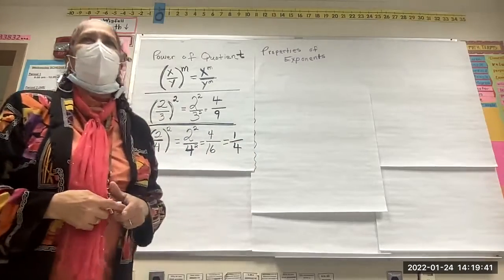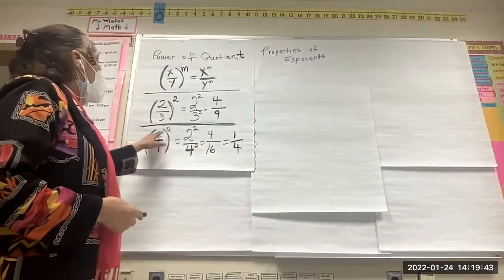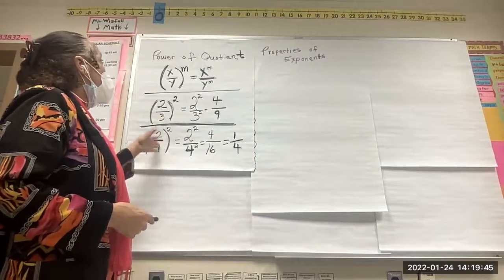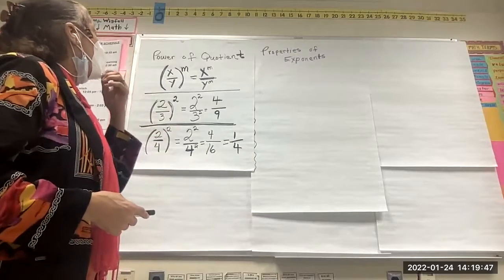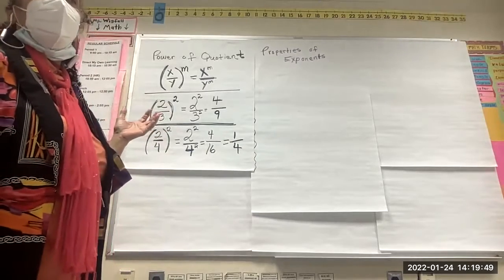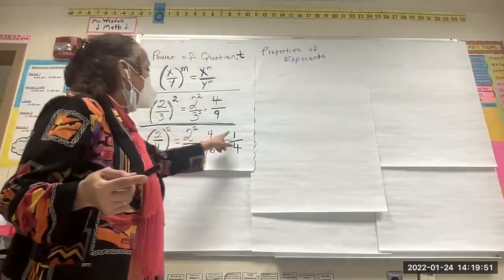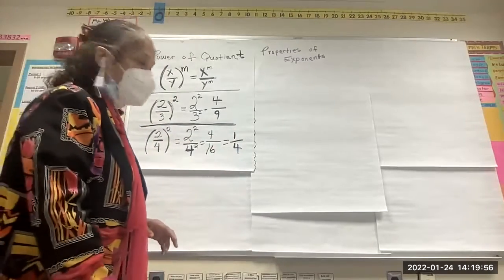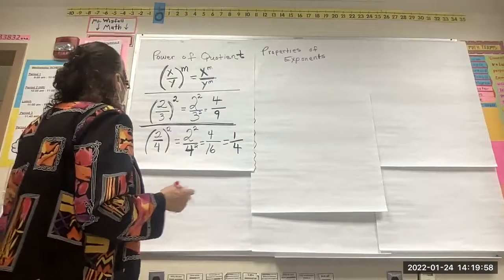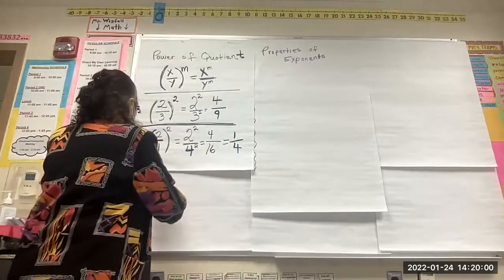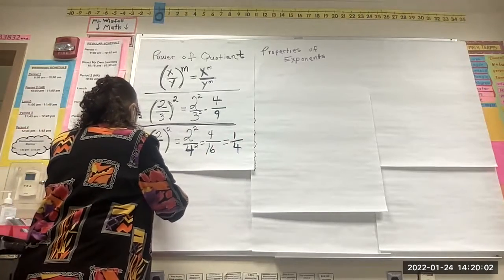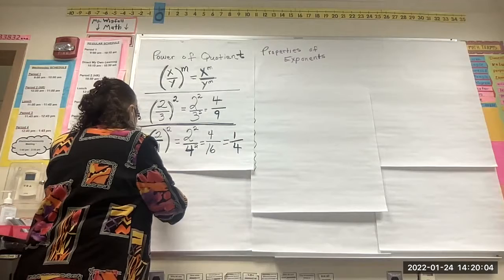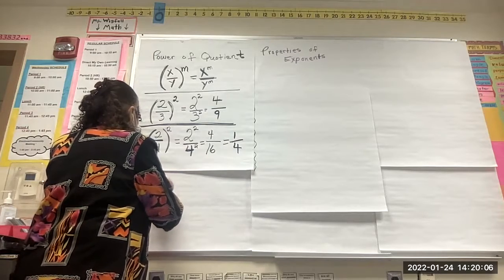Now, suppose you got this problem and it said use the power of quotients, but they didn't make you show your work. All you wanted was to get to the answer. So you say, I think I'm going to do that a different way. You might say, oh, I can reduce the 2/4 inside the parenthesis to get 1/2.